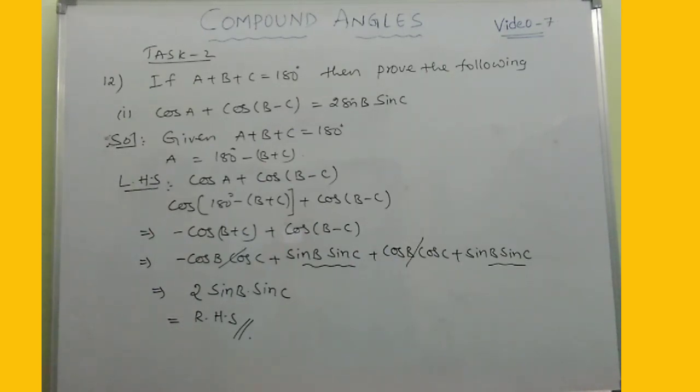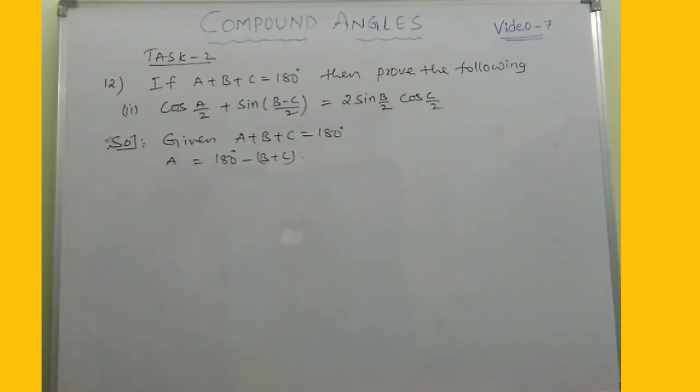So coming to the second condition, we need to prove that cos A by 2 plus sin of (B minus C) by 2 is equal to 2 sin B by 2 into cos C by 2. Okay. As usual, the condition given is A plus B plus C is equal to 180 degrees.